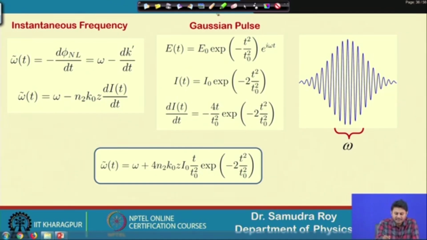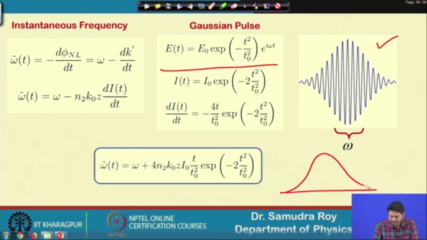So, now we have an electric field with Gaussian distribution with frequency component omega. If I plot the real part, we will have this kind of structure. Intensity will be proportional to the mod square of this, so the distribution of the intensity will again be a Gaussian.